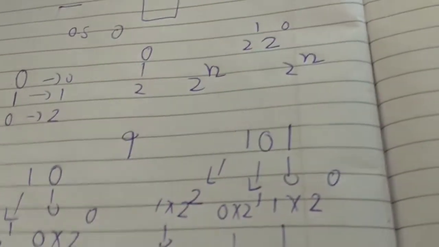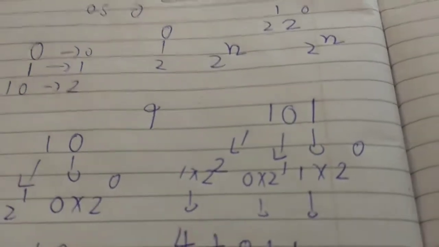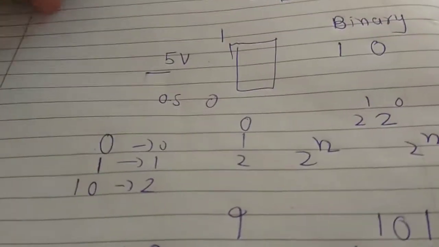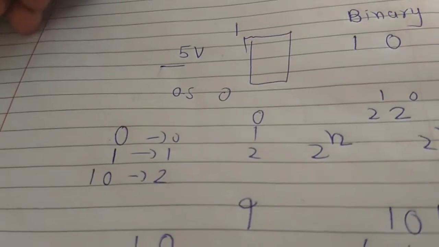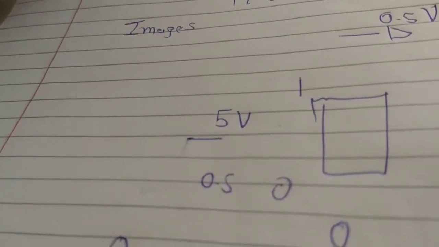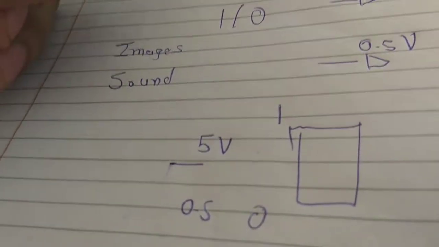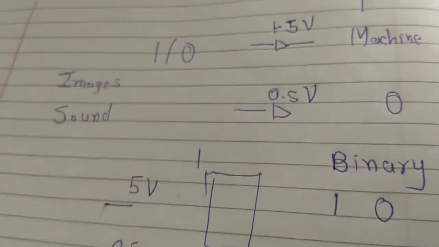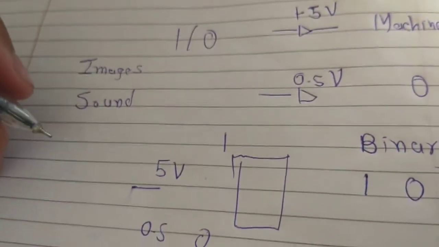2 is the main base. Now, as we asked, how can we represent images and how can we represent sound? Computer scientists have also worked this out.